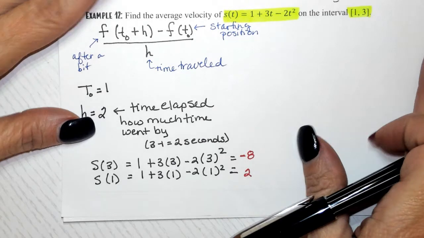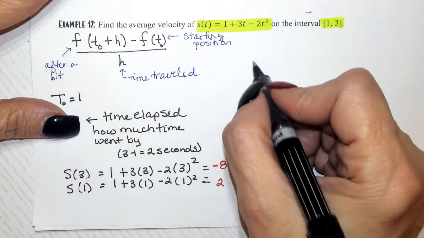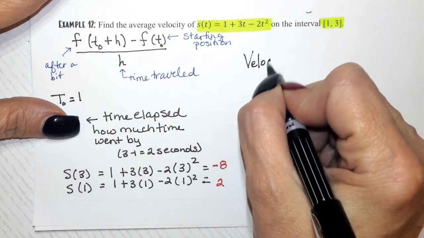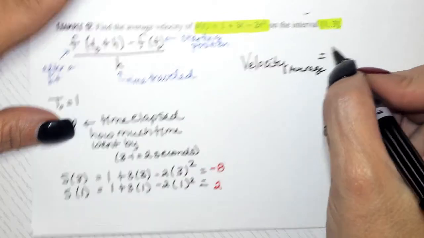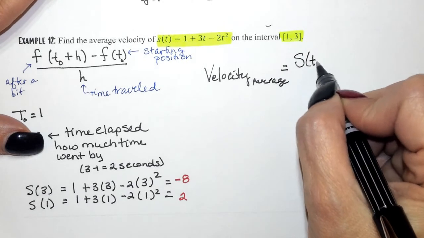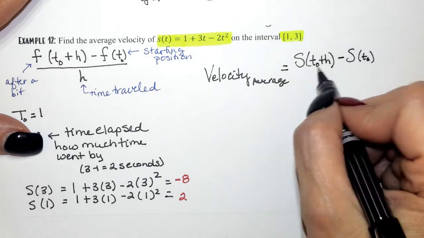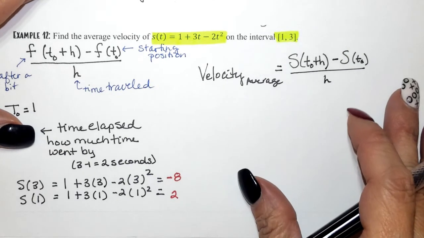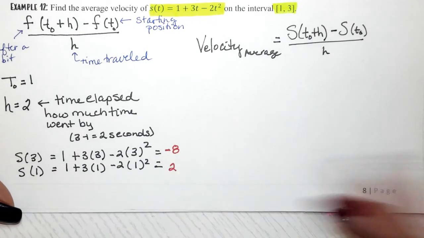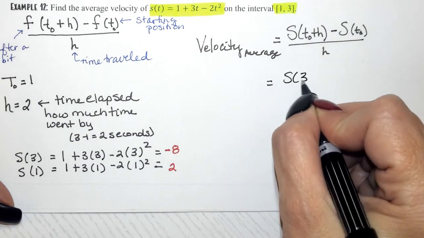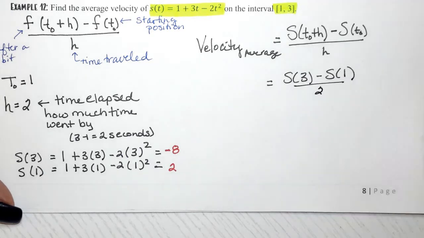All right. So, what do we want to do? We're trying to find the average velocity. So here's what we know. Average velocity is going to be s of t naught plus h minus s of t naught, all over h. In this scenario, we take s of 3 minus s of 1, all over h.